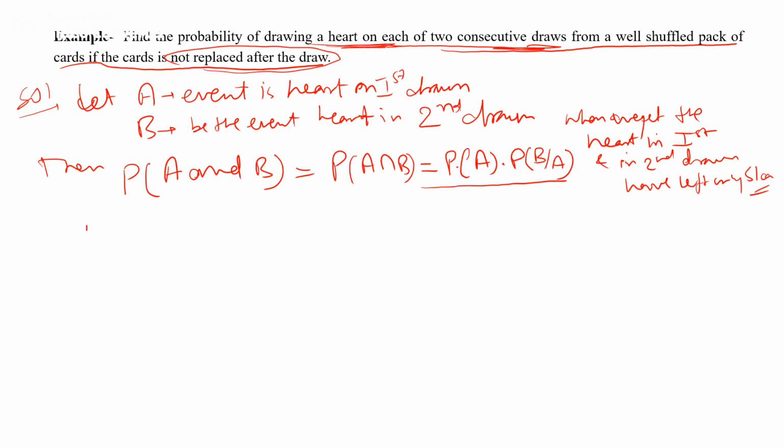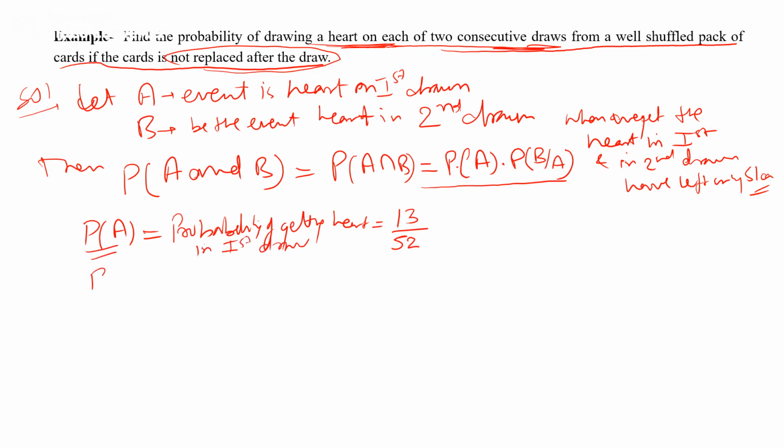So here we find the probability of A, that is the probability of getting a heart out of a pack of 52 cards. How many hearts are there? 13 out of 52. That's the probability of getting a heart in the first draw. Now the probability of getting a heart in the second draw, given that the first draw is already made, we can say how many cards are remaining, 12 out of 51 cards, because we are not replacing the card.